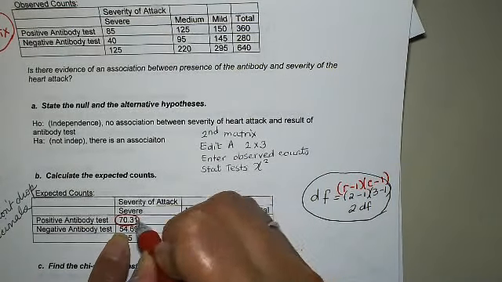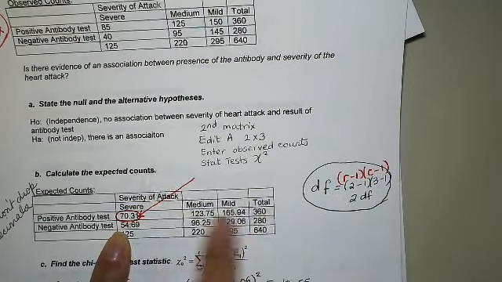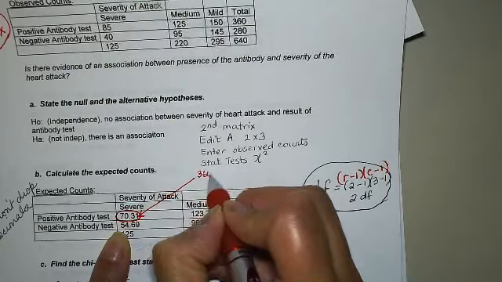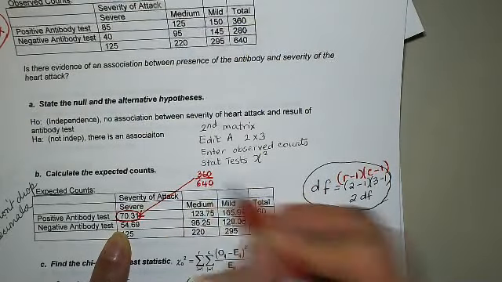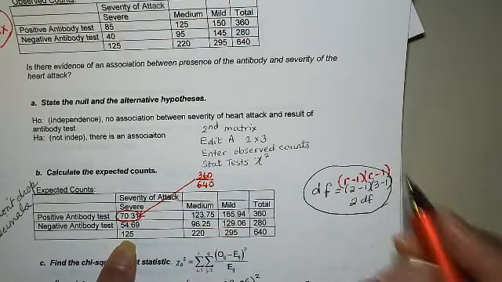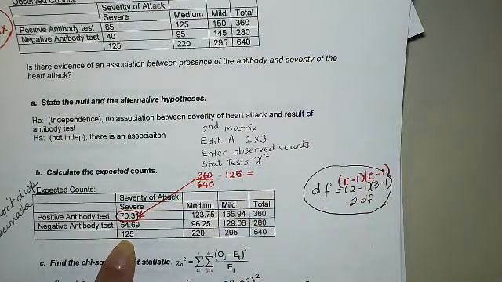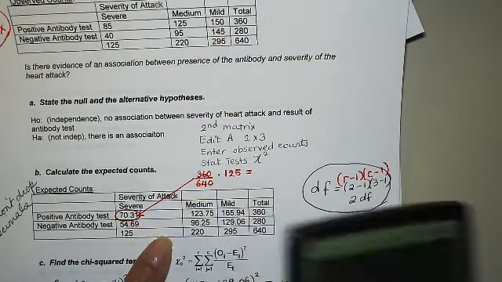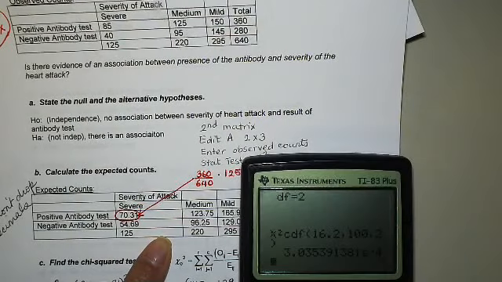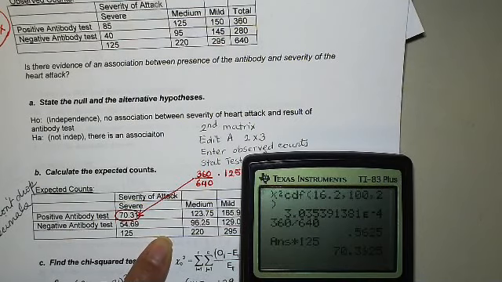So I can do 1 or 2 of these cells by hand, and then I'm going to stick it in my calculator because it's a waste of time. But let's say I was looking for this cell right here, cell 1, 1. I'm trying to find where this cell came from. So I'm going to take its row total, 360, divided by the grand total, 640, and multiply by the column total, 125.